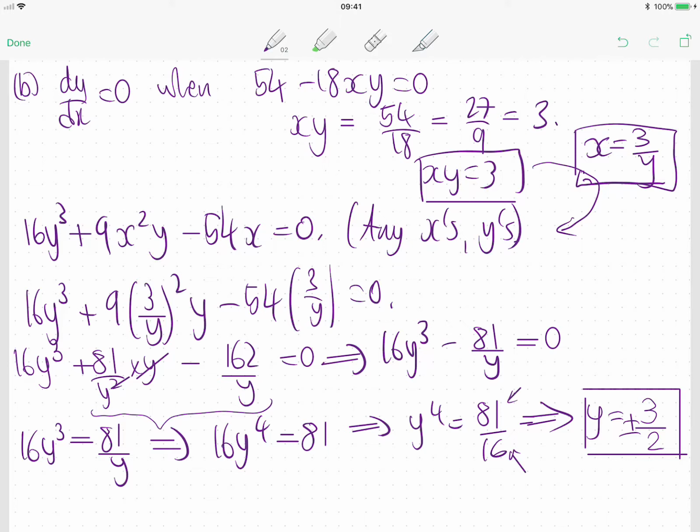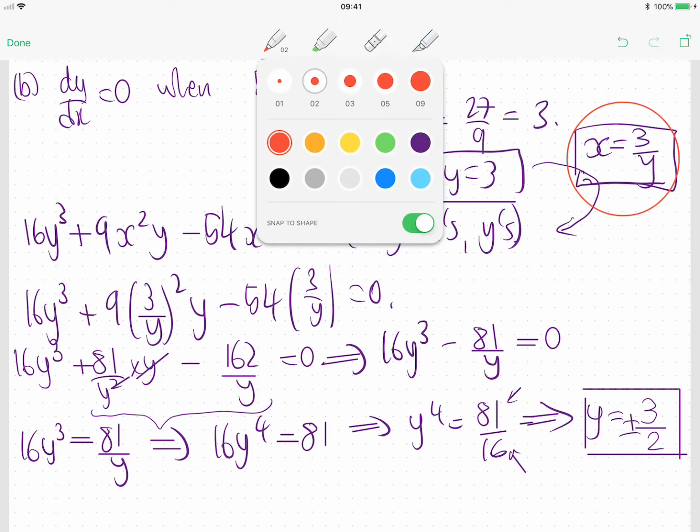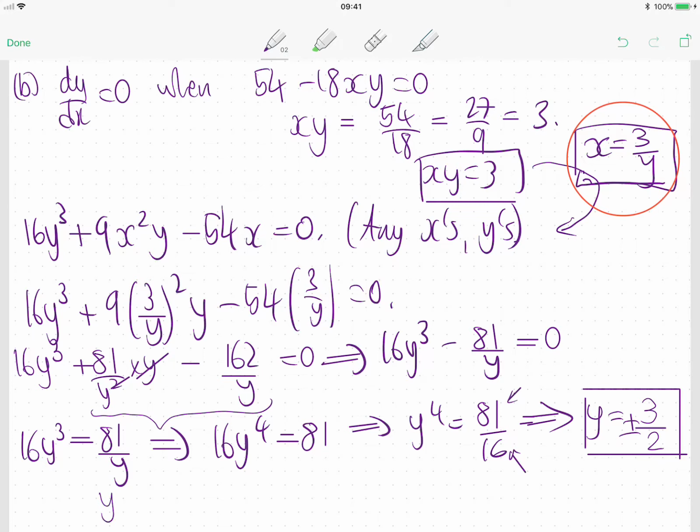Now it's a case of finding the values of x. Well, I can just use this equation. So let's do it. So if y equals 3 over 2, x is 3 divided by 3 over 2, which is 2. And, oops, that was a terrible end.